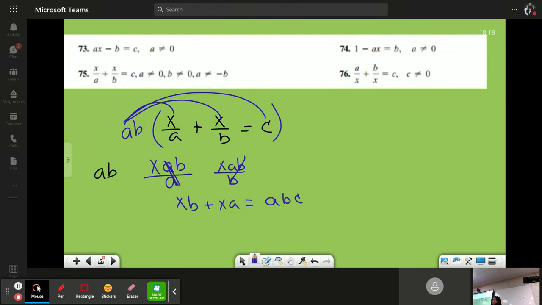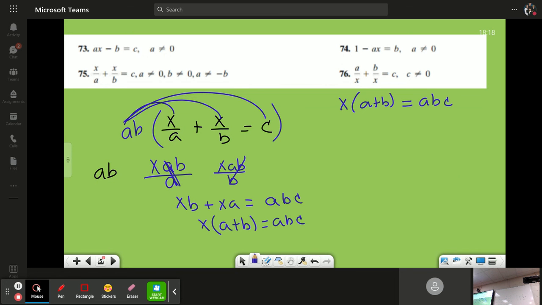What is X now? Since it shows up in more than one term, that's a common factor, right? So I'm going to divide out that X. I'm going to put the X outside of the parentheses and what's left inside of the parentheses is the A and the B, equals ABC. So I have X times (A plus B) equals A, B, C. I need that X alone.